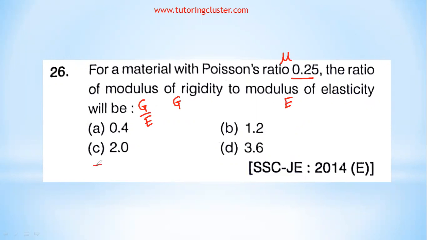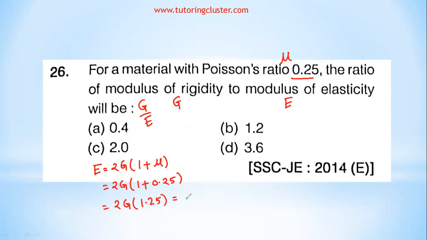One such relationship is E is equal to 2G in bracket 1 plus mu, which is equal to 2G in bracket 1 plus Poisson's ratio 0.25, which is equal to 2G in bracket 1.25, which will be 2.5 G. Therefore, the value of G upon E will be 1 upon 2.5.